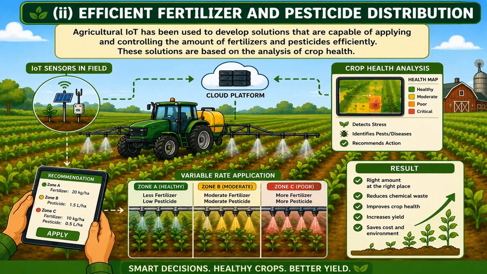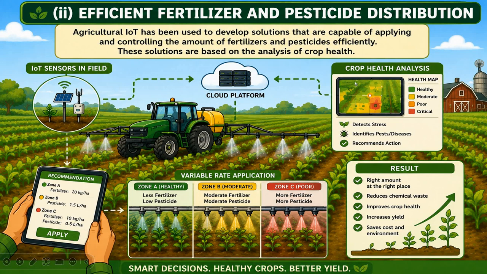This method is called variable rate application. So here you can see a tractor which automatically sprays different amounts according to the needs of each part of the field, and this ensures that crops receive the right treatment at the right place.